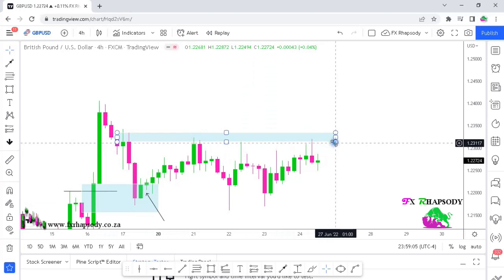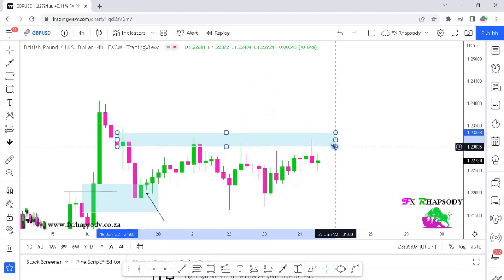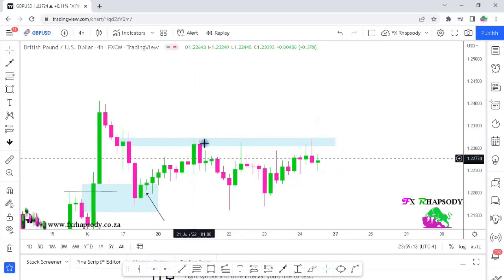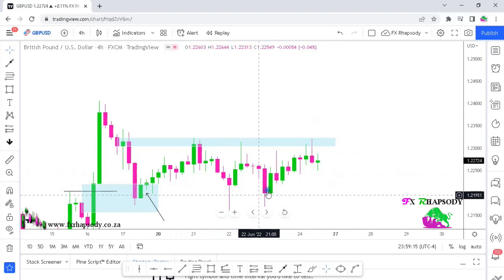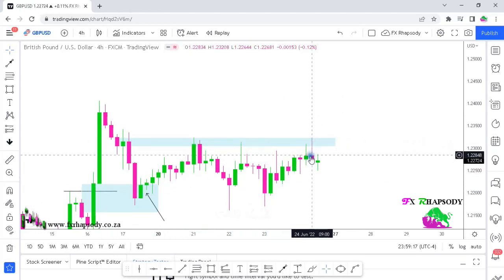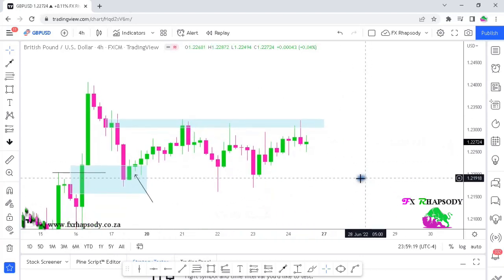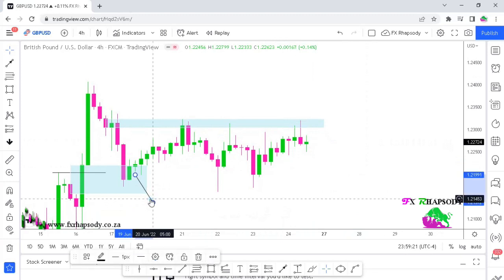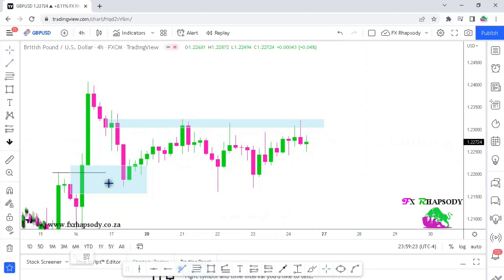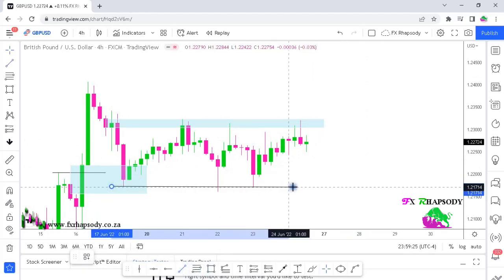You can actually draw it right about there and there. So you can see that resistance. So now price has been revisiting or retesting that area in the market the whole time. We are looking at price taking out liquidity in the bottom here.